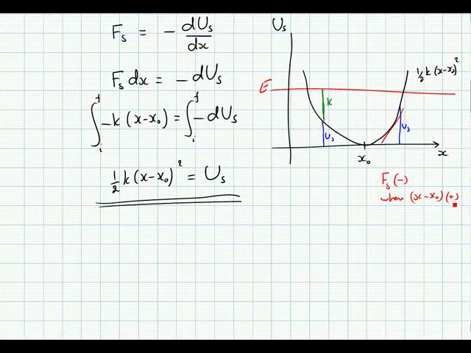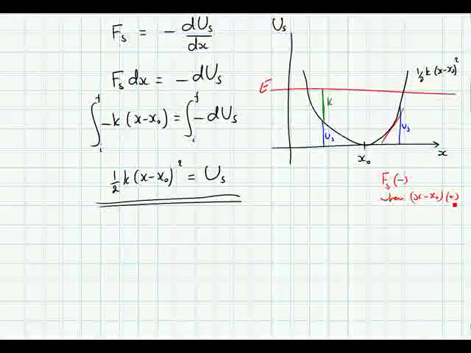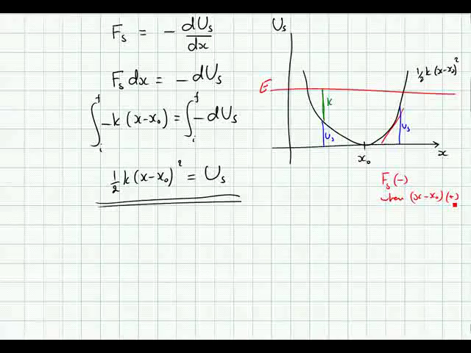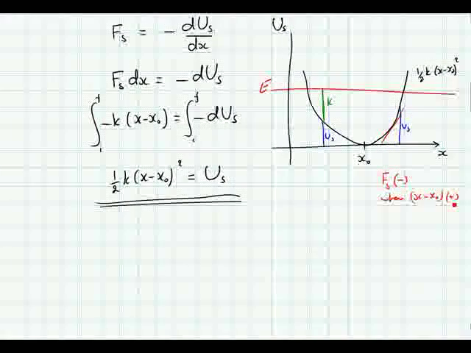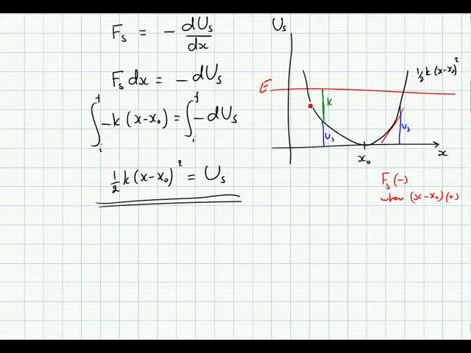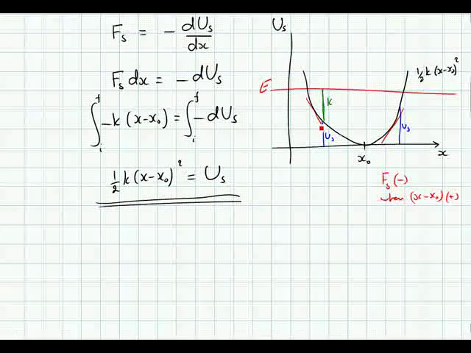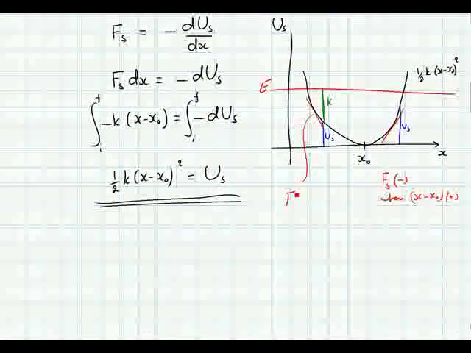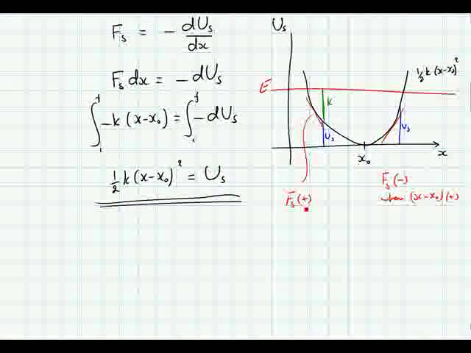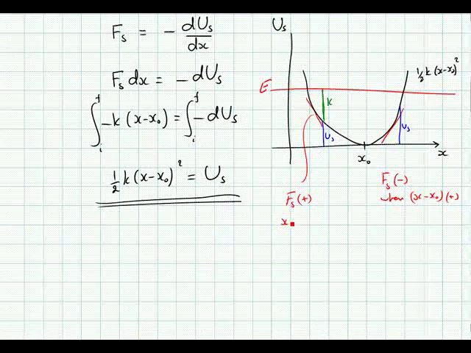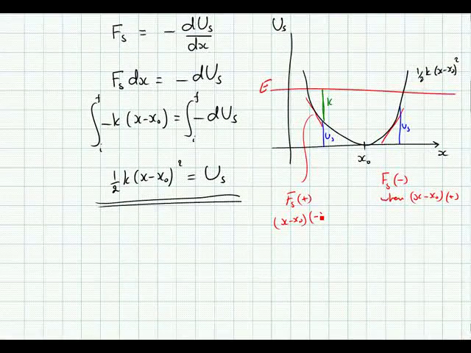If you stretch a spring, that's a positive extension, the force is in the negative x direction, i.e. a negative force. Similarly, in this range where the slope is negative, that implies the force is positive. So when x minus x naught is negative, then the spring force is in the positive direction.